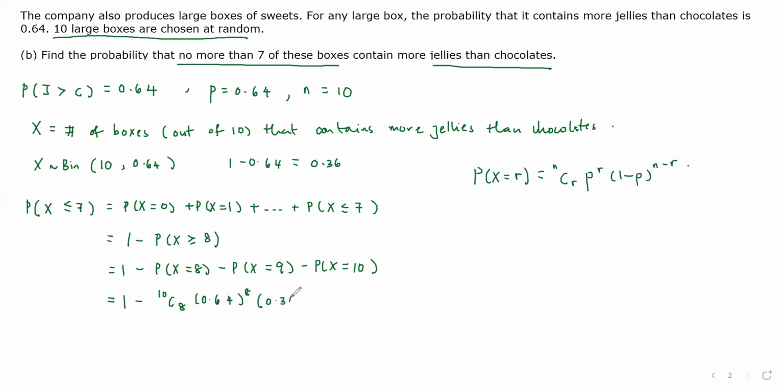So we have 0.36 to the 2 minus 10C9, 0.64 to the 9, and 0.36 to the 1. And then you have 10C10, you have 0.64 to the 10, and 0.36 to the 0. That gives a 1, so you can just forget about that. And when you compute this, you should get a value of 0.759. So this should give you 0.759.